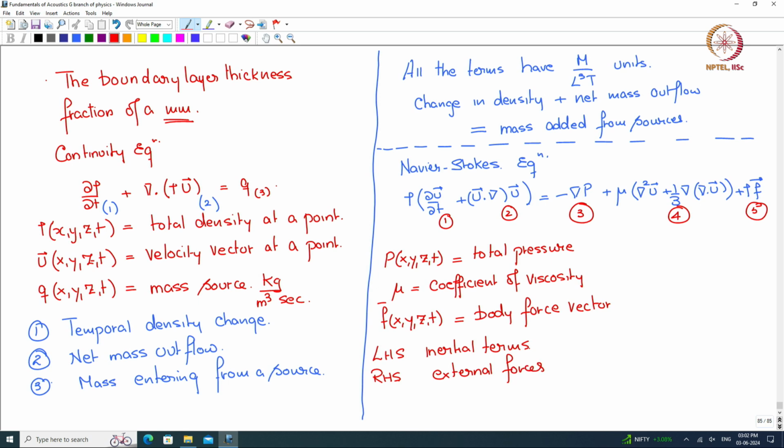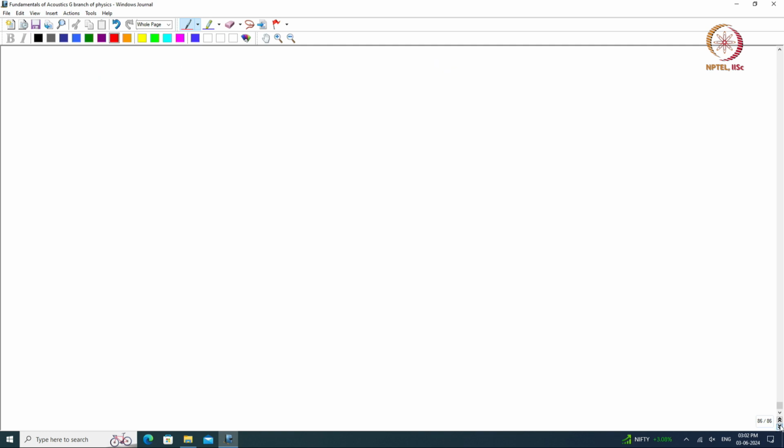Okay, now term 1 of course is the unsteady term, unsteady local acceleration.